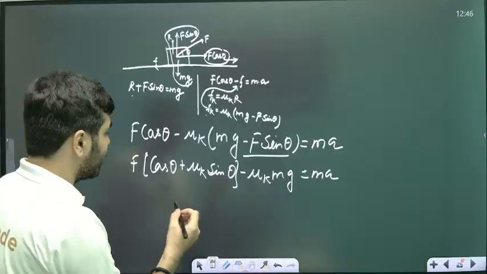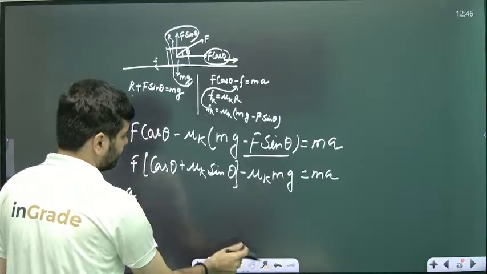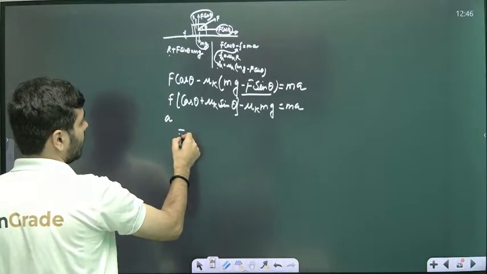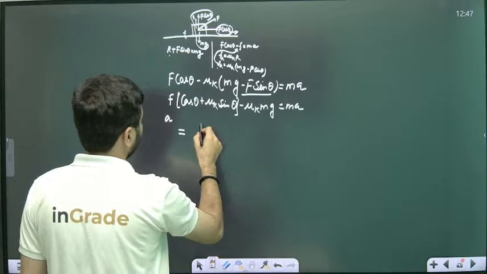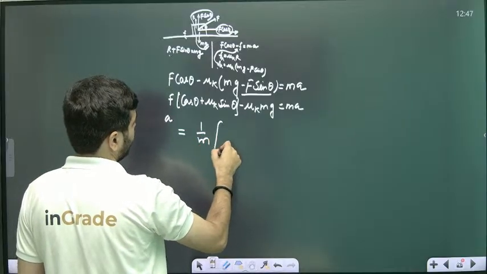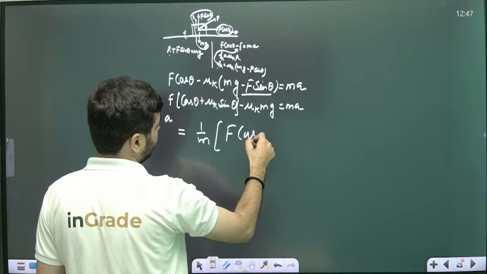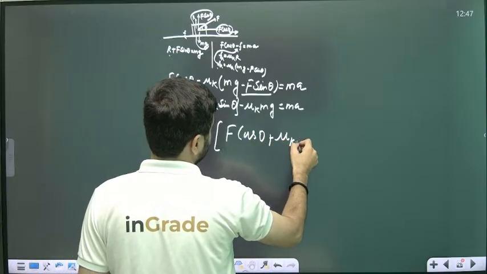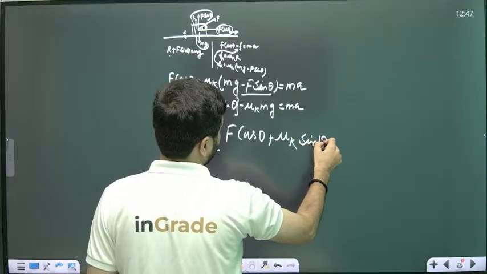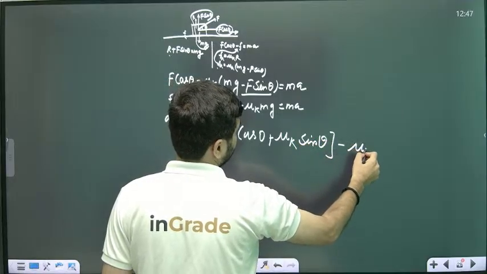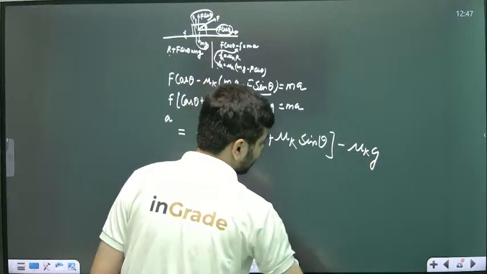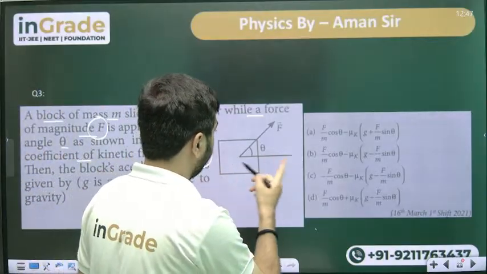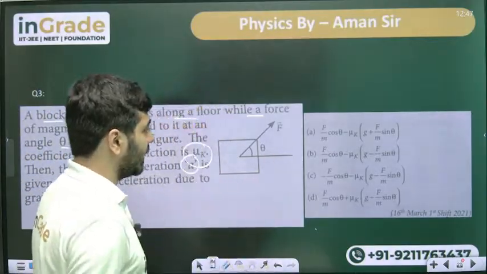Then what will be the acceleration? a will be one by m times F cos theta plus mu k sin theta, minus mu k g. This will be the acceleration part. Let's write it as F by m, otherwise it will not give you the correct answer.